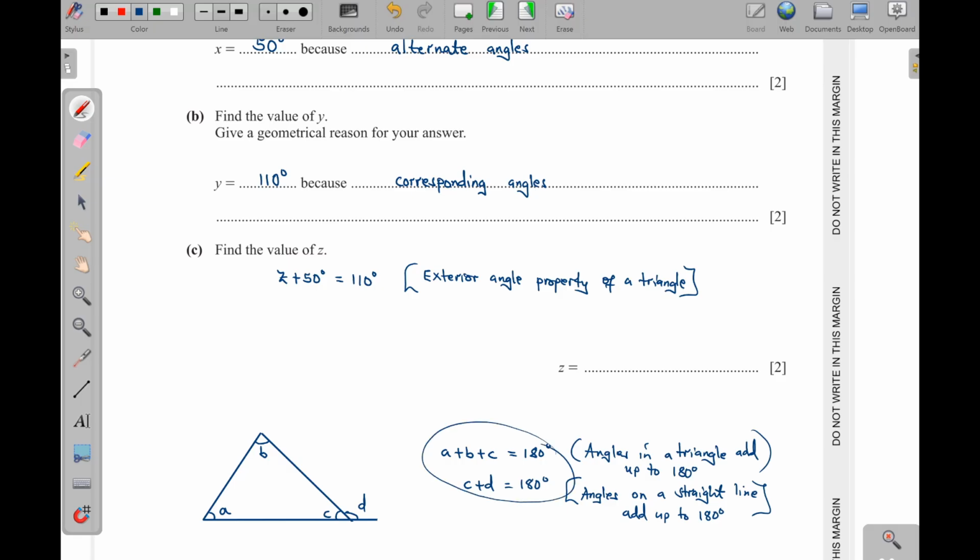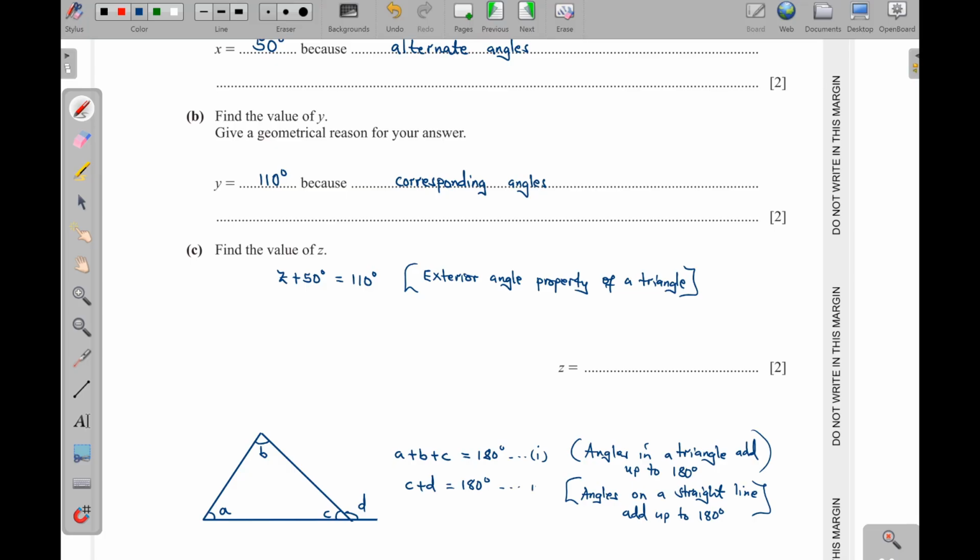Now these two equations, I can equate them. So I can say this is my equation 1, because they are all equal to 180. This one here is my equation 2.